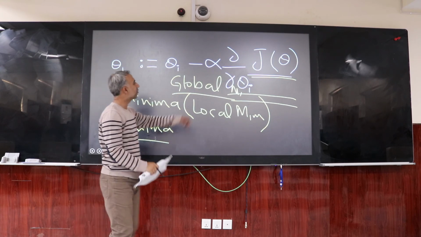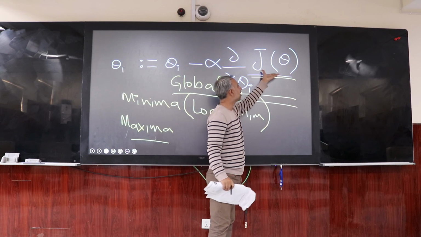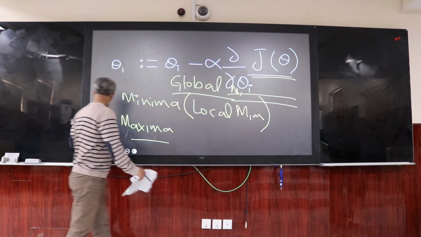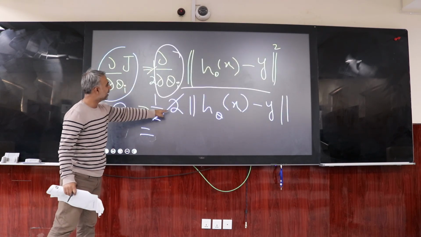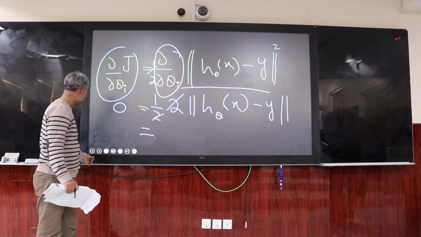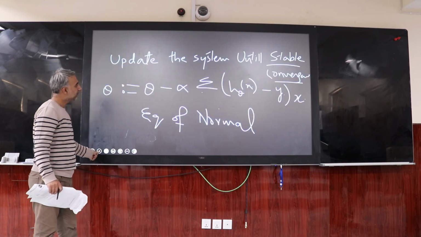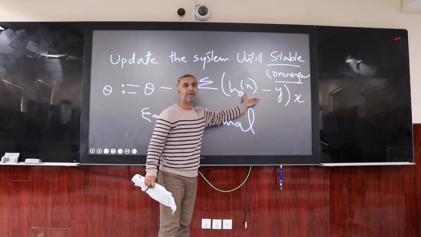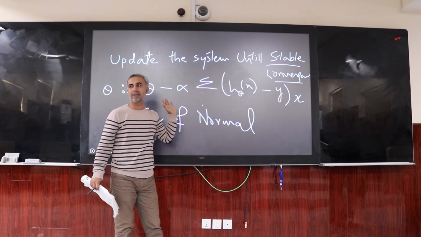We considered 1/2, and once we substituted the value of this cost function after getting the partial derivative, this 2 will be cancelled out. So this 1/2 is cancelled out after getting the partial derivative of the cost function, and you will get this simplified normal equation.